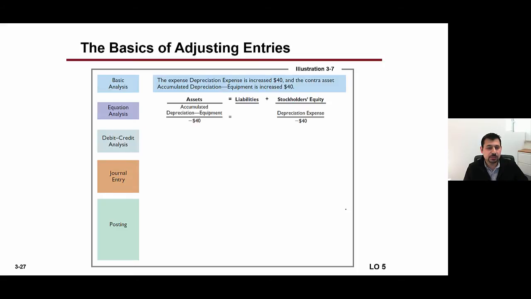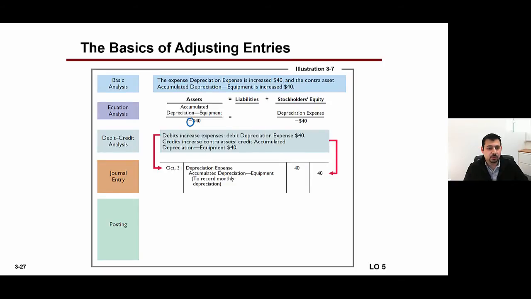This is because it's a contra asset. It's the negative here. Again, it shows its negative effect on assets because it's a contra asset. And then we debit expenses, the depreciation expense, and we credit accumulated depreciation for equipment. This is to record monthly depreciation.